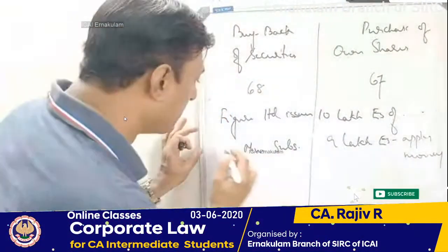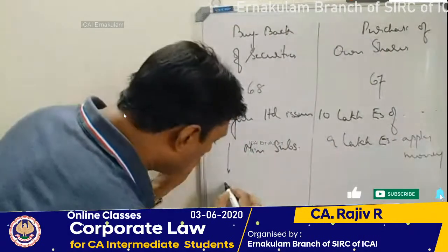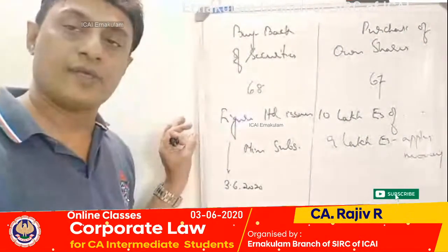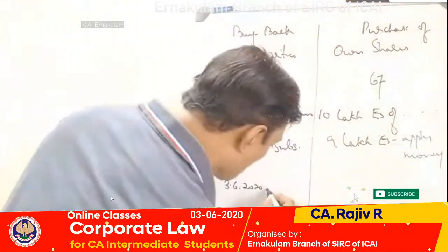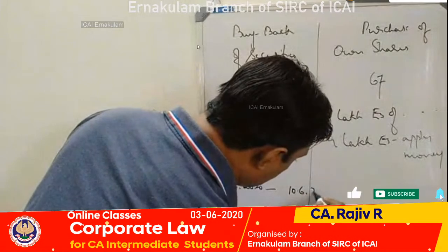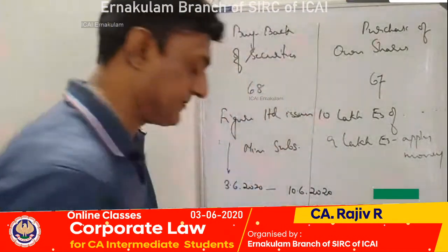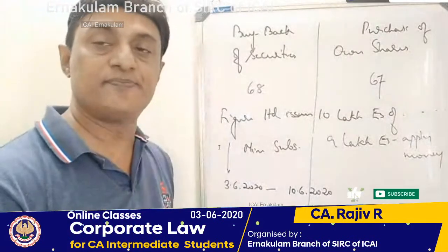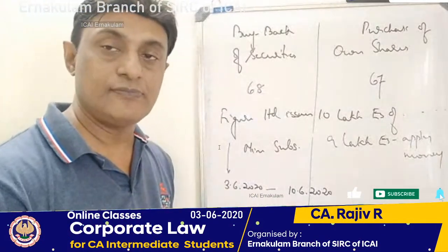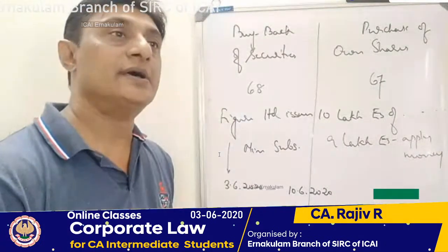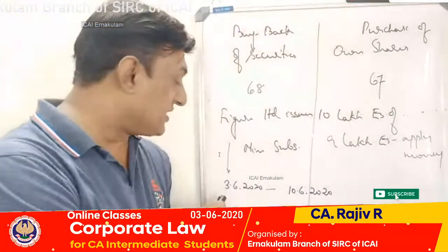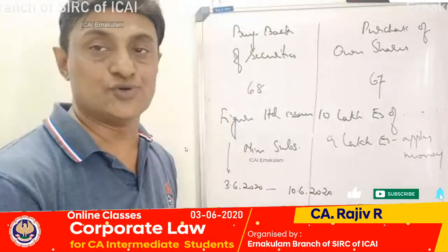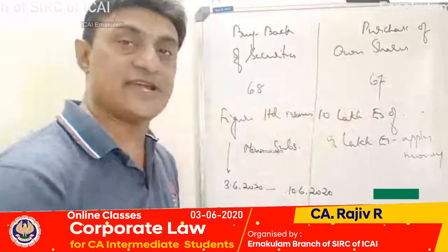The issue opens on 3/6/2020 and the issue is scheduled to close on 10/6/2020. Remember, 10 working days, 15 days. SEBI, Companies Act. So on 3rd, the issue is open. It is scheduled to close on 10th of June. 10 lakh shares issued.